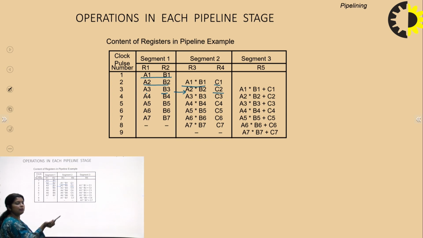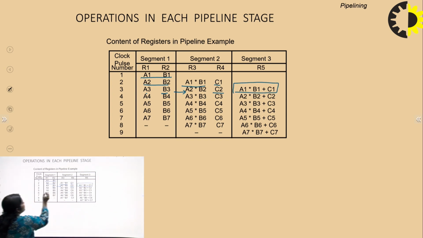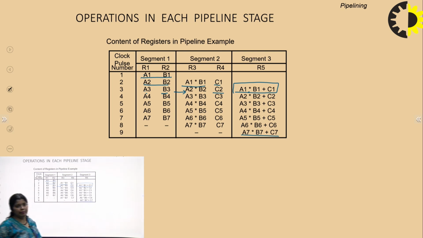The result will be stored in R5. The complete result is stored after the third operation. You can see 1, 2, 3. R5 will come out after the third stage. Because we have the A7 value, we have to execute this operation till A7 and B7.